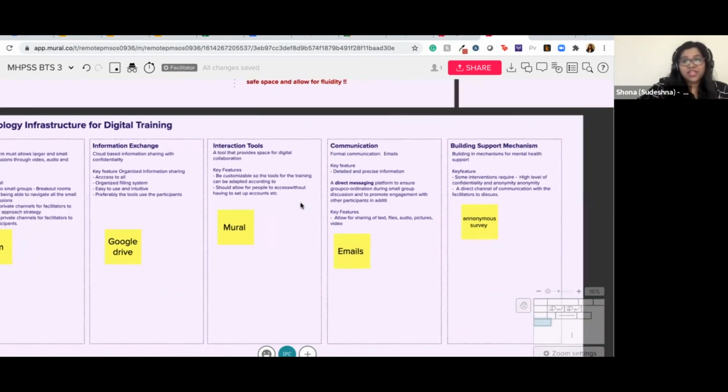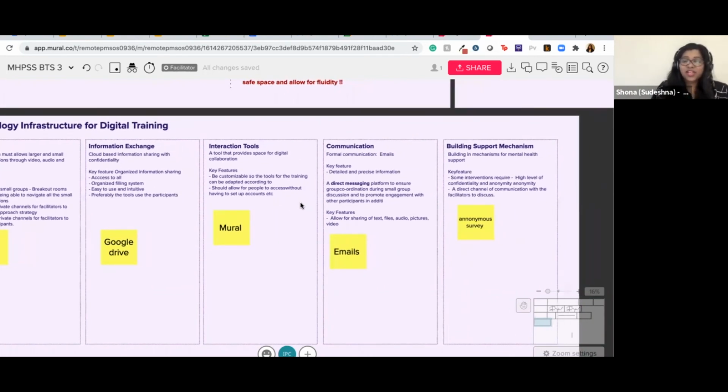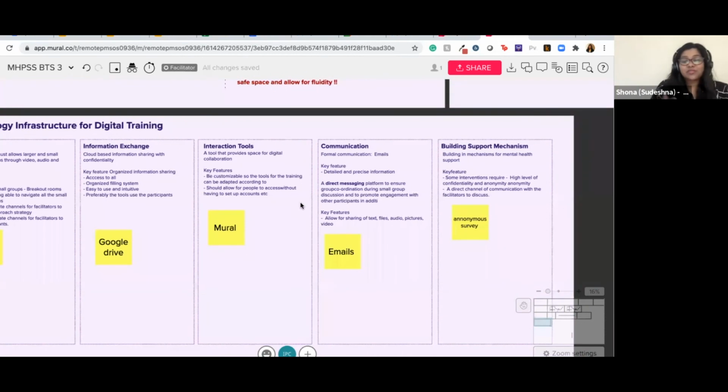For communication, we had a formal channel and then we had an informal channel, because we realized that we need a formal channel for information to be more specific and detailed, and then an informal one or a direct messaging platform for text chat and more community building purposes.